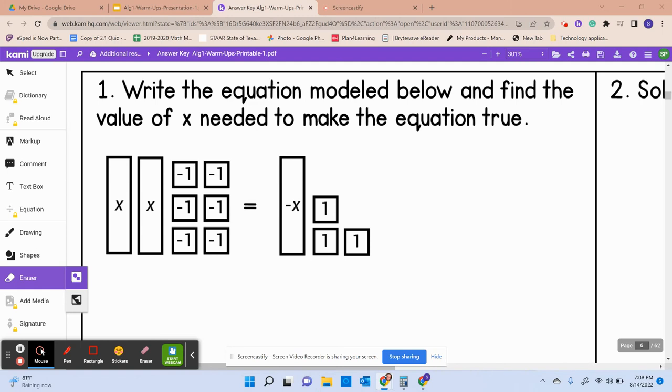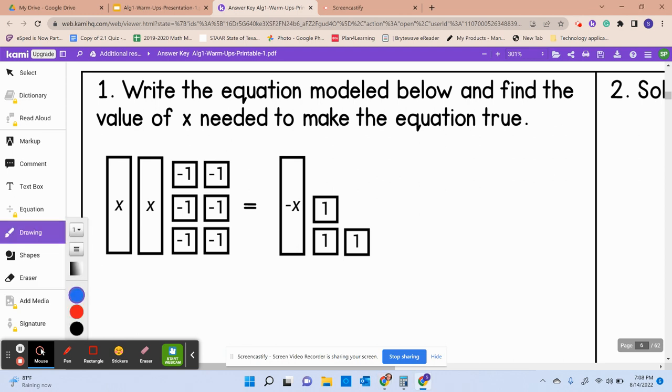This is warm up number 7. And so we are going to write the equation modeled below and then find the value of x to make it true. So the equation I see here's 1x and 2x. And then you have minus 1, 2, 3, 4, 5, 6.